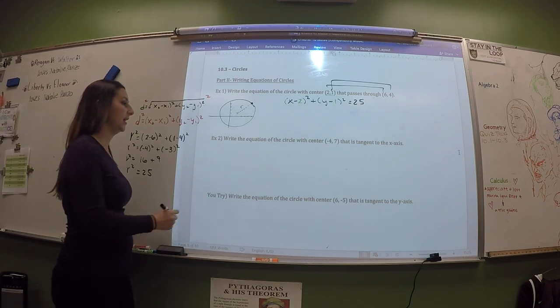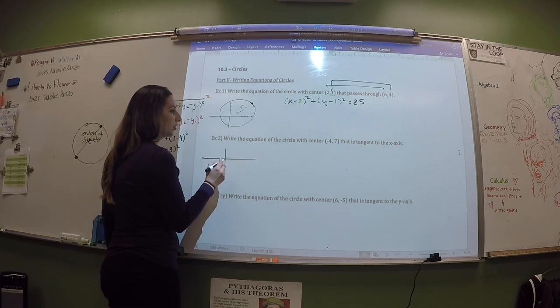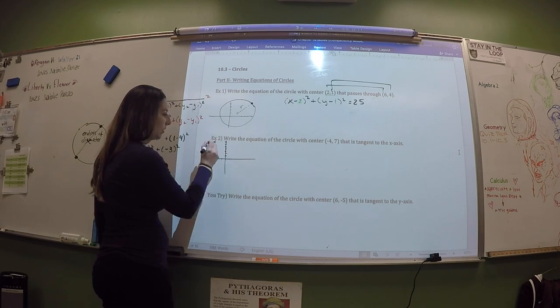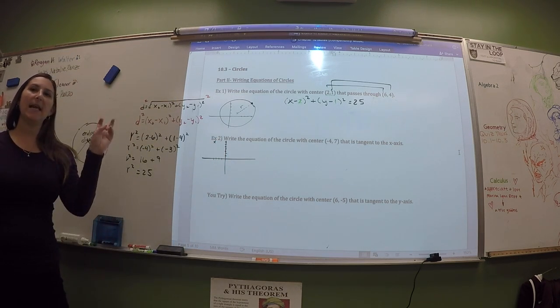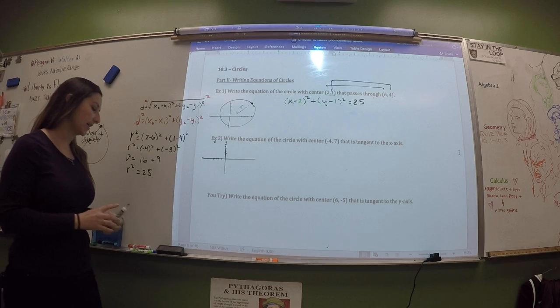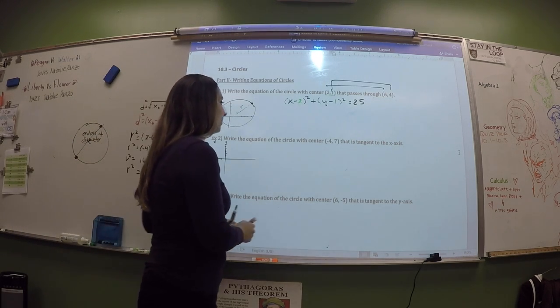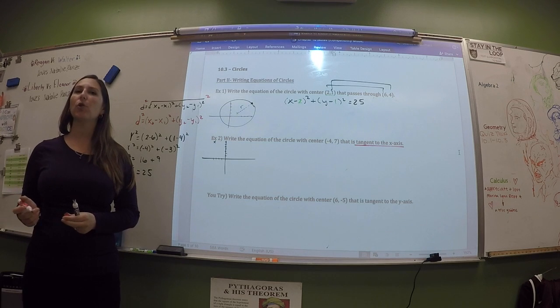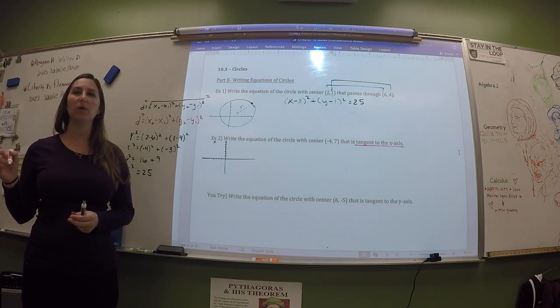Now for this one, it says that your circle has a center of -4, 7. Here. So all the way up here. And that it's tangent to the x-axis. So what does that mean? There's a dot on the x-axis. It means that your circle touches the x-axis at one point.